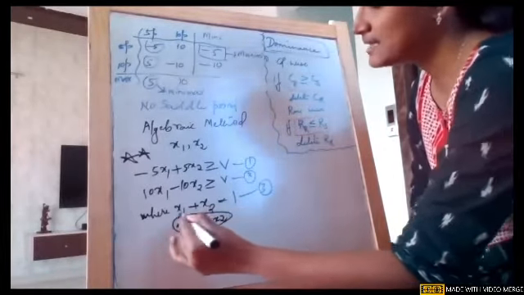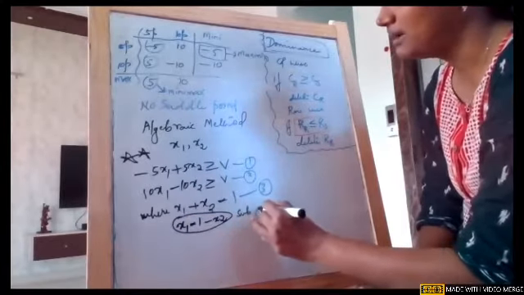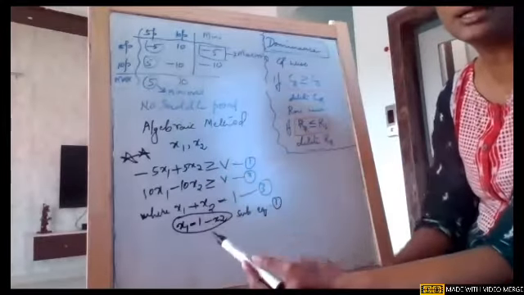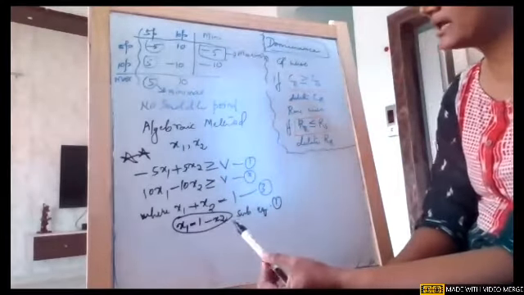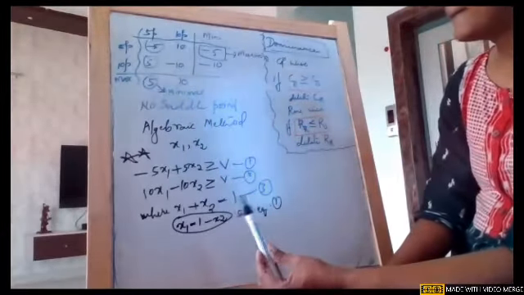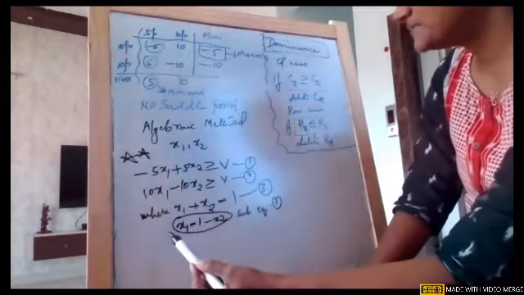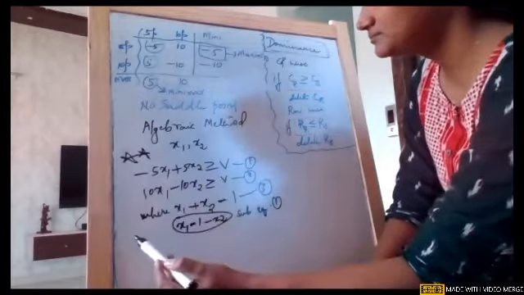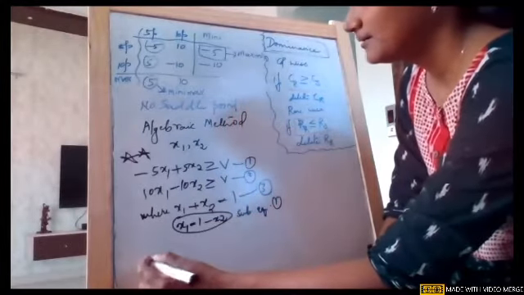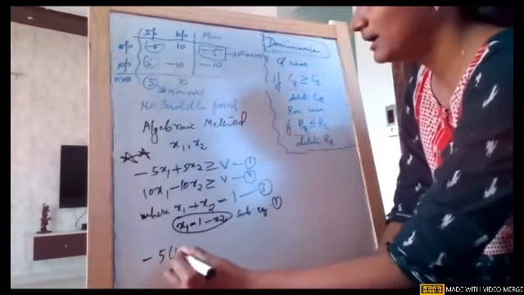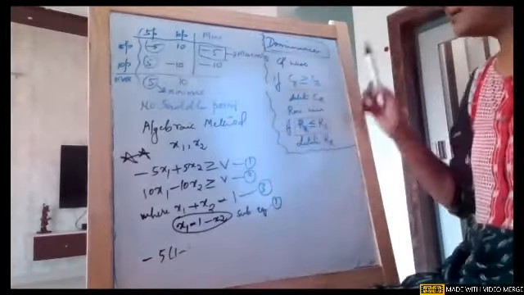So this I'll substitute in equation 1. Listen carefully, girls. So when I'm substituting that, -5 into (1 - x2), I'll erase this particular part.